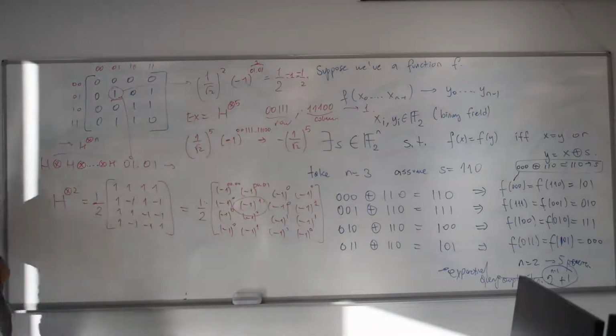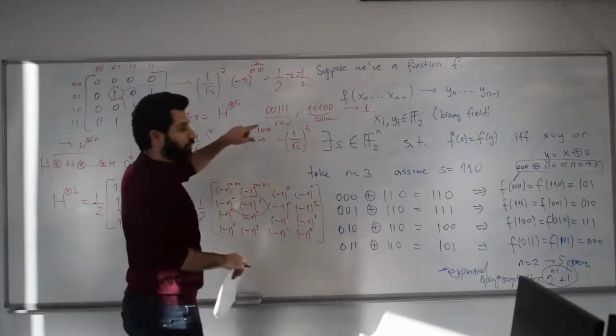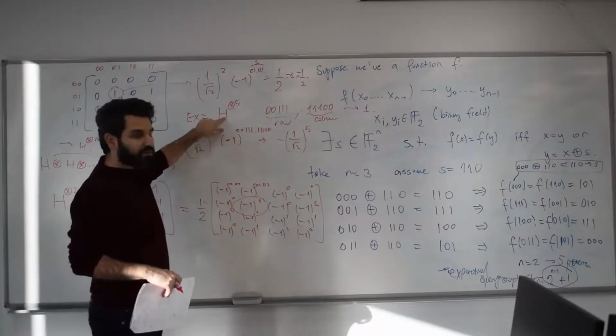That is the entry at that particular position of the 32 by 32 matrix that corresponds to the Hadamard tensored with itself 5 times.